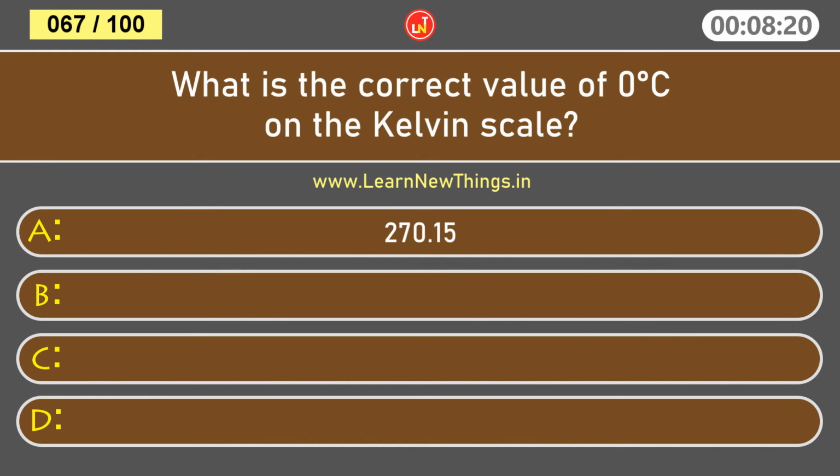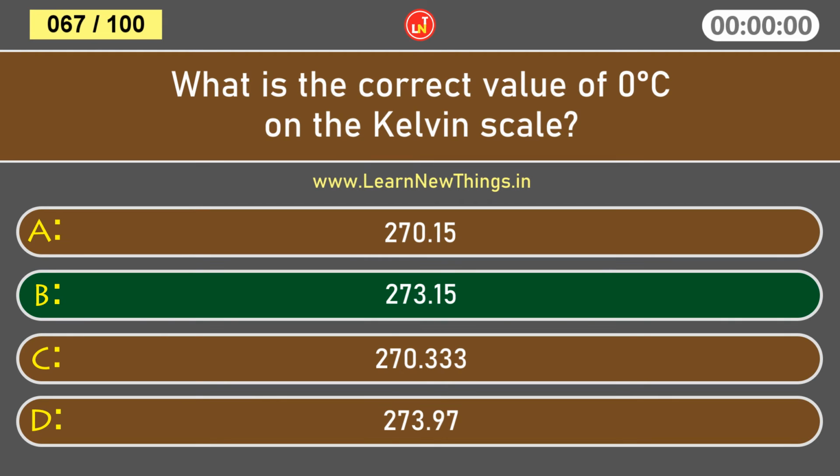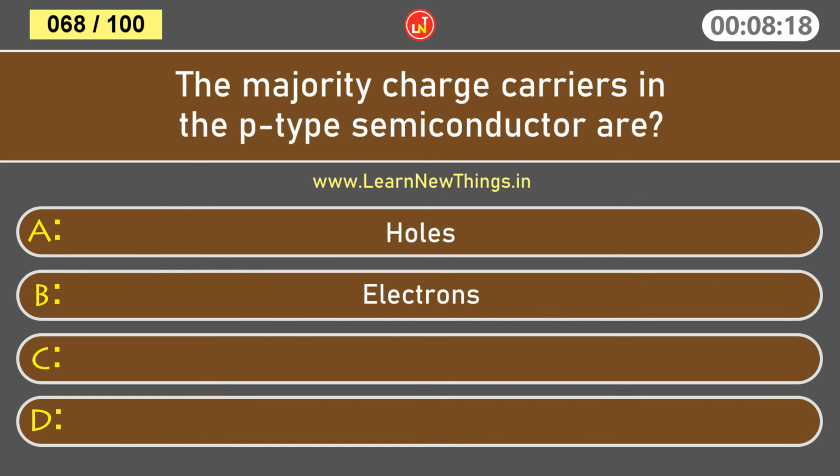What is the correct value of 0 degrees Celsius on the Kelvin scale? 273.15. The majority charge carriers in the p-type semiconductor are holes.